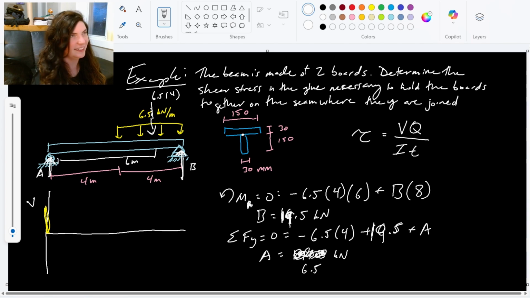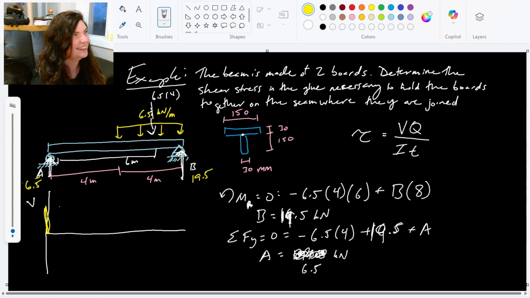Much better. I still wrote them backwards. We would expect the right side to take on a lot more, since it's closer to the load. All right, A is 6.5, B is 19.5. Sorry, that is correct now. Everybody makes mistakes. That's why I don't dock a lot of points for these.